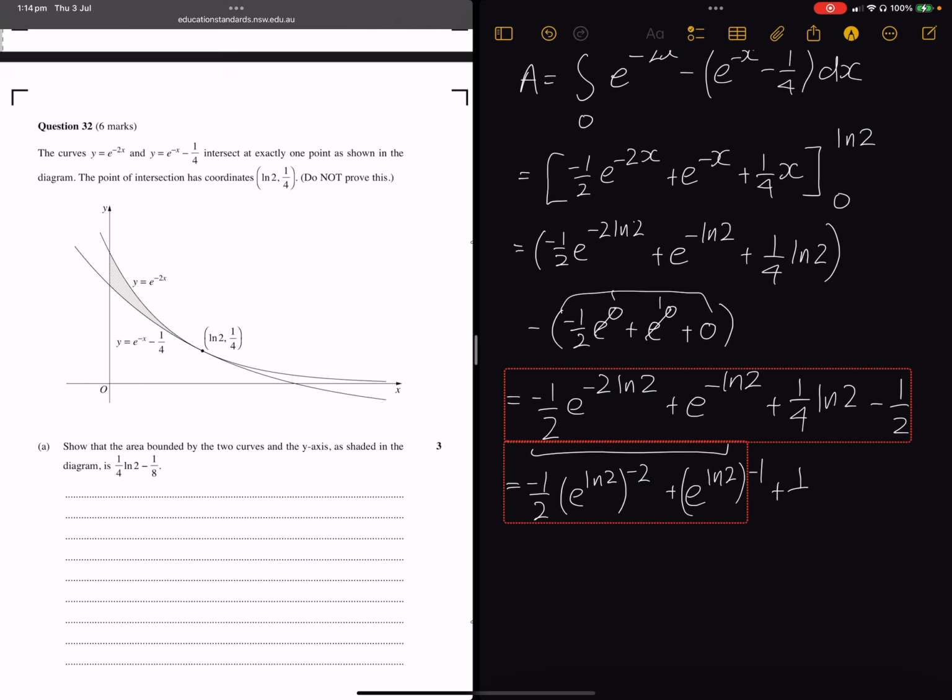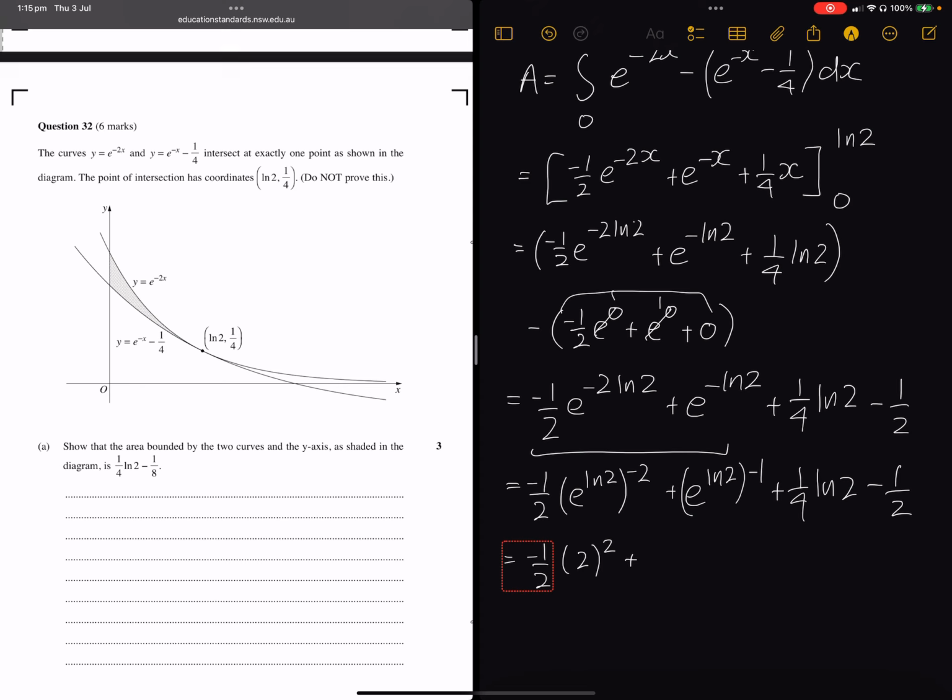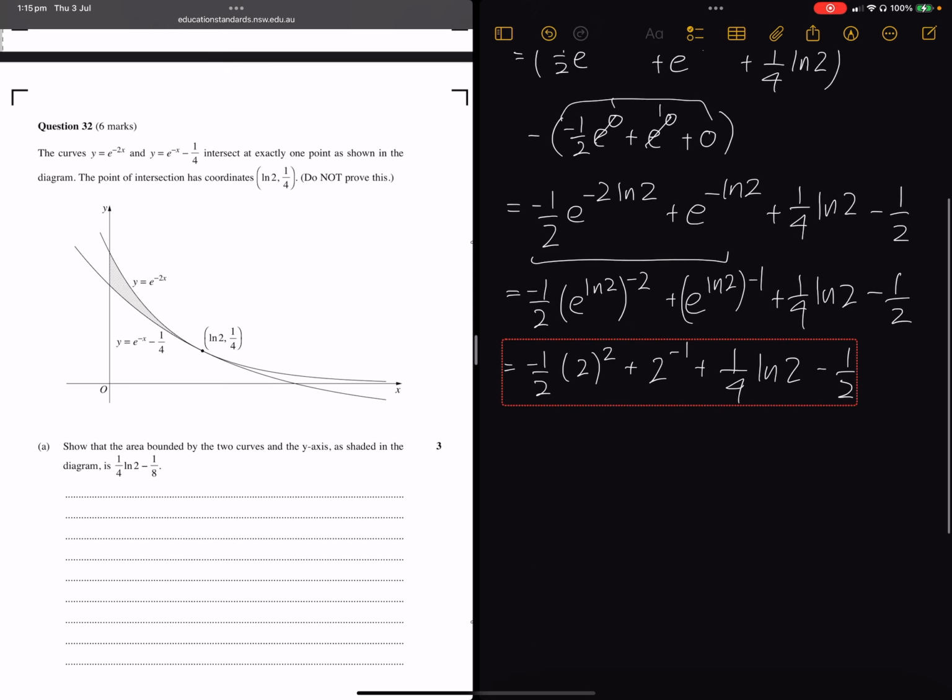And this is plus 1/4 ln 2 minus 1/2. Now e to the ln 2 is actually just 2. So this is minus a half times 2 squared plus, e to the ln 2 is also 2, 2 to the minus 1 plus 1/4 ln 2 minus a half.